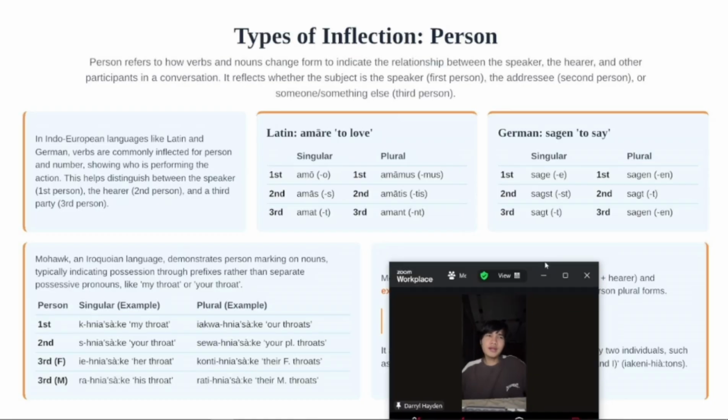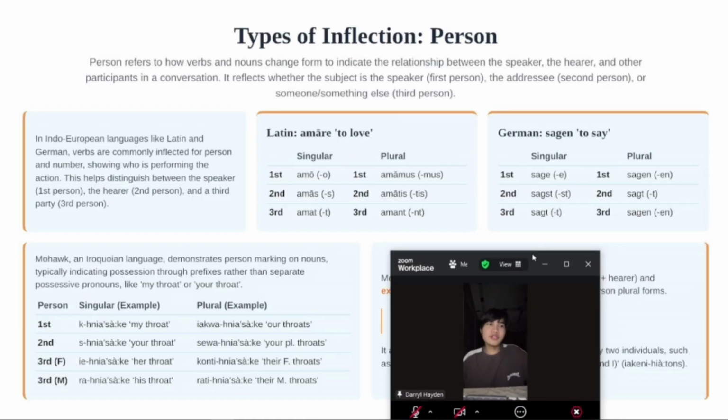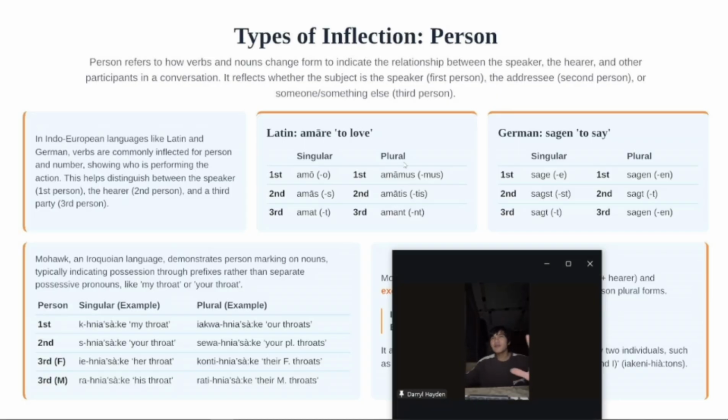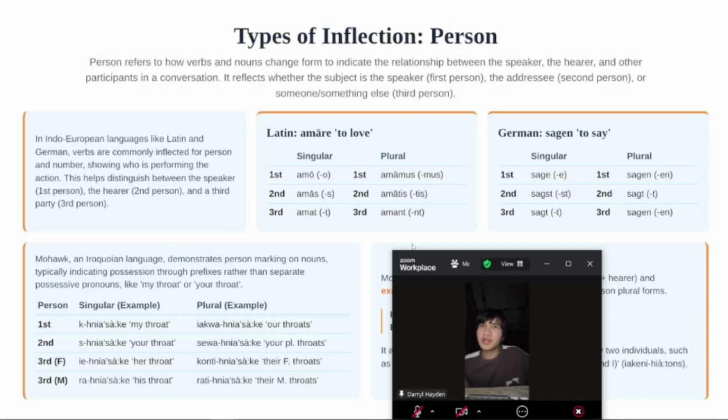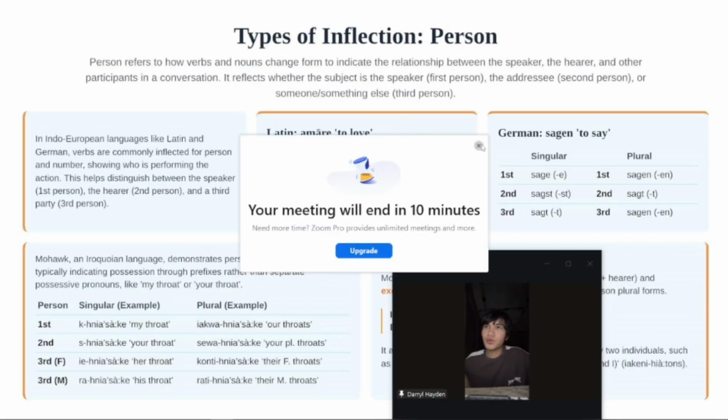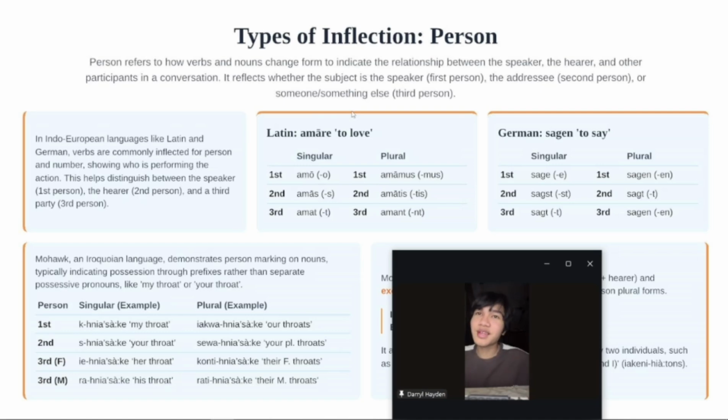Okay, so in languages like Latin and German, they change the verb to give us a clearer meaning to show who is speaking.